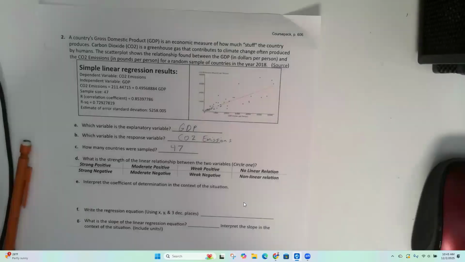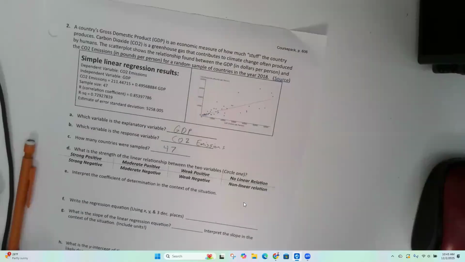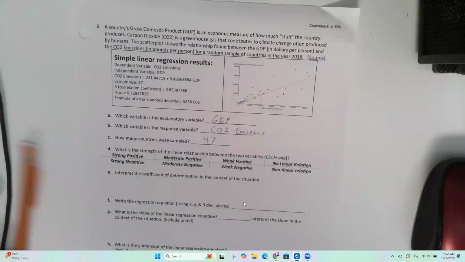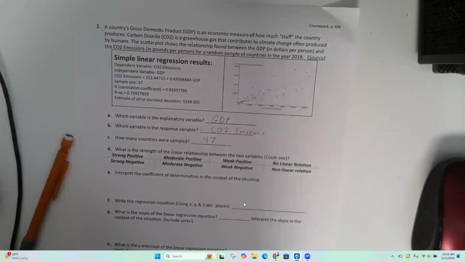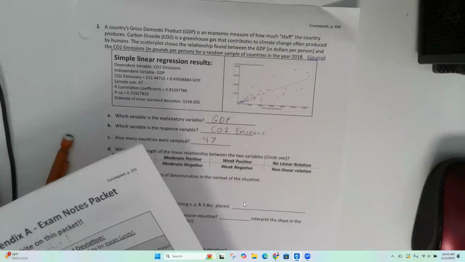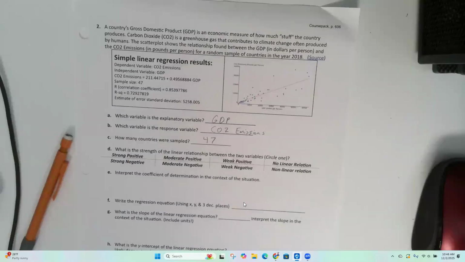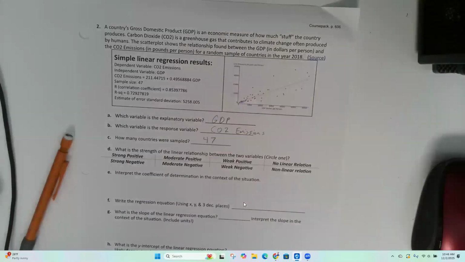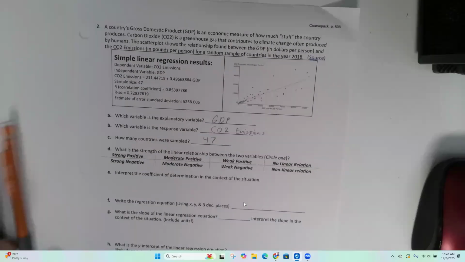So it might be a good idea to write down which page you'd want to be looking for this information. Which page would I look at for linear regression on test day when I'm looking at my exam notes packet? What page would I find that number line that shows where strong positive is, strong negative?